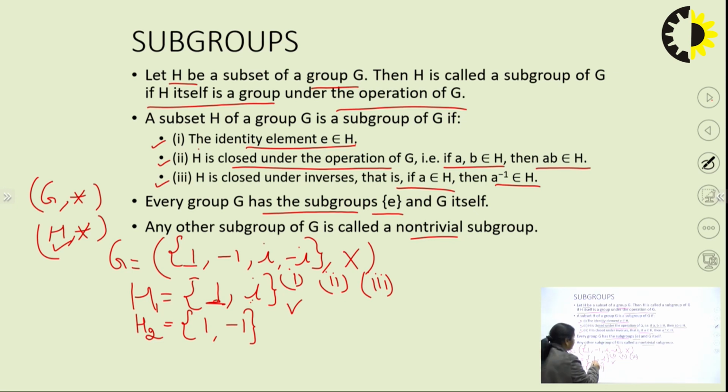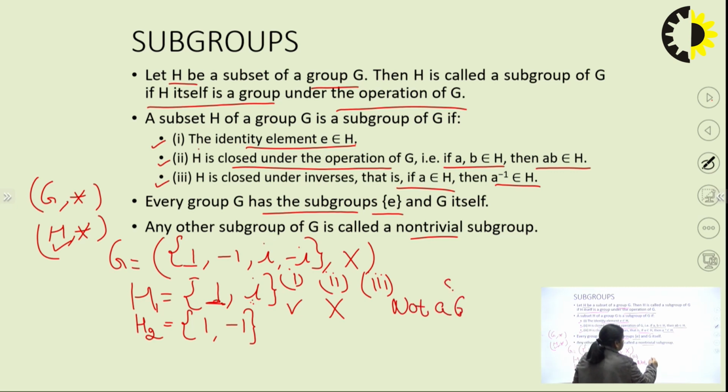If I do iota into iota, I get iota square, which is minus 1. Minus 1 is not there. As minus 1 is not there, it is not closed under the operation. So I will stop here because it is not a subgroup. The second condition failed. Now we will check the next one.